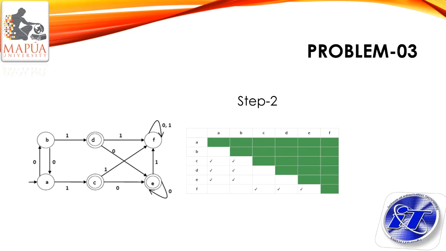Okay, so we have 9 cells marked by this type of pairing, non-final and final state.